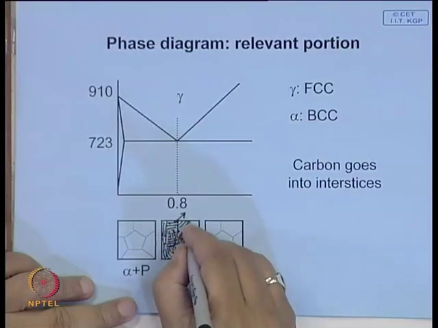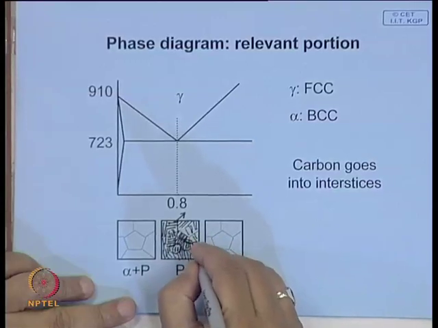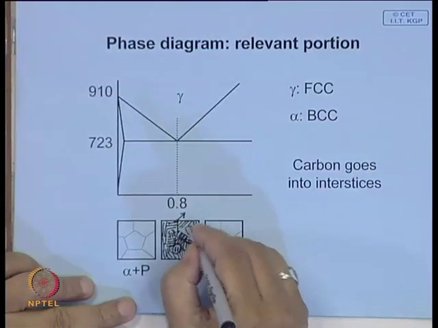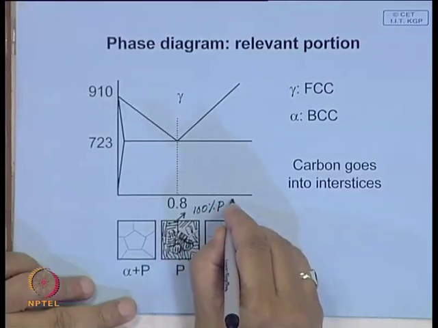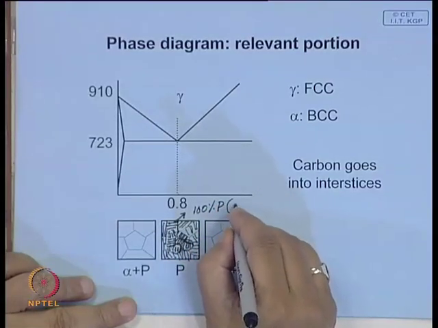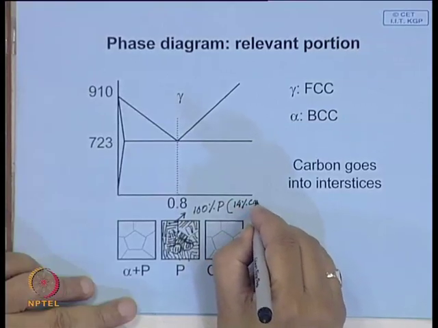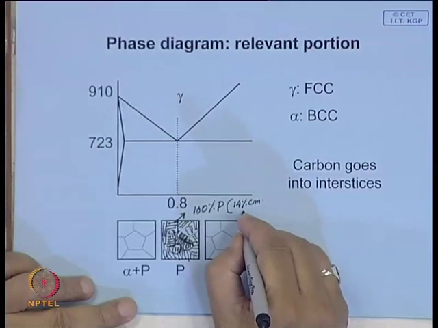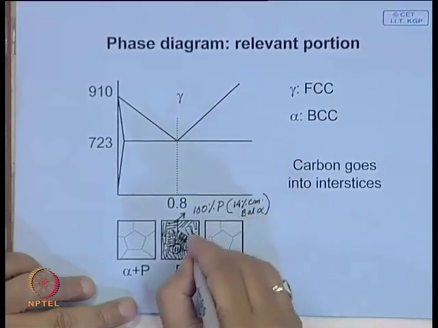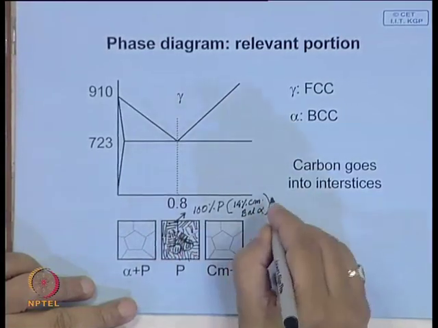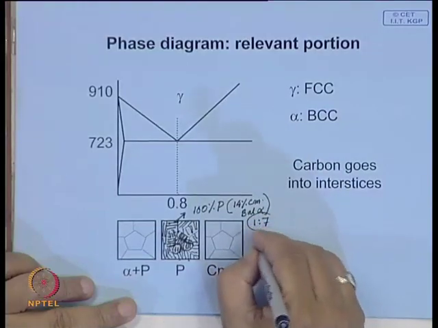So, this will be 100% pearlite, which is made up of roughly 14% cementite and the balance ferrite. So, you will see that the plate thickness of cementite to ferrite will be around 1:7.